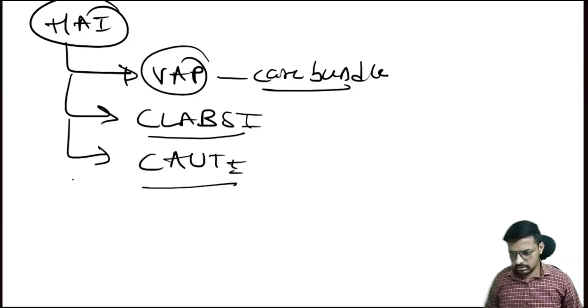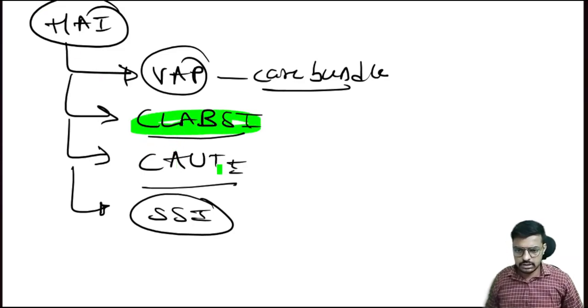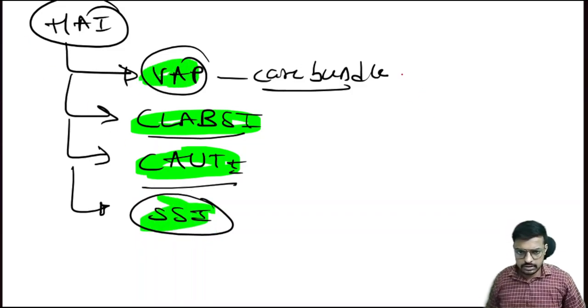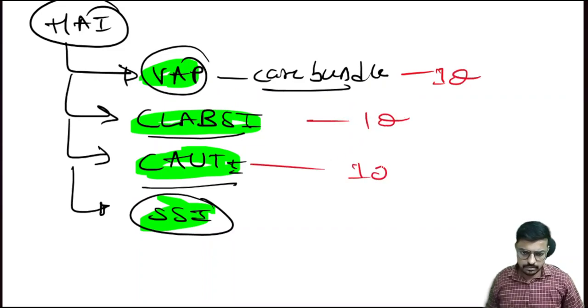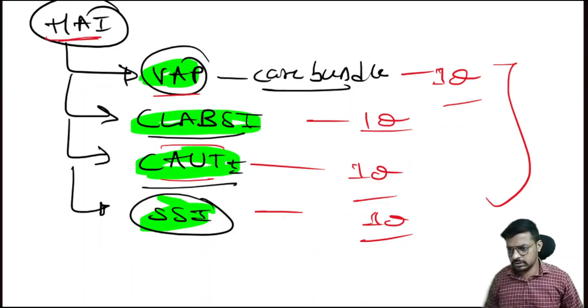One more is surgical site infections. So here CLABSI, CAUTI, VAP, and SSI. From this, one question will be fixed. Definitely questions will come from this board. So don't neglect these questions. Please revise all hospital acquired infections because it is very important for you.